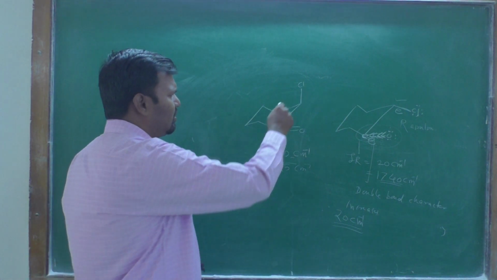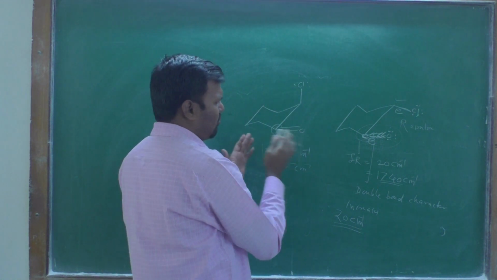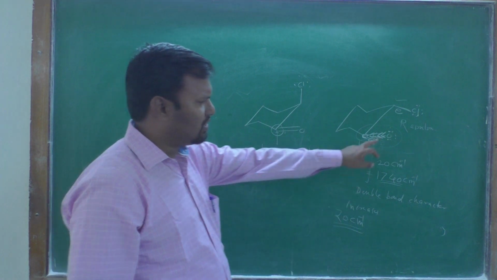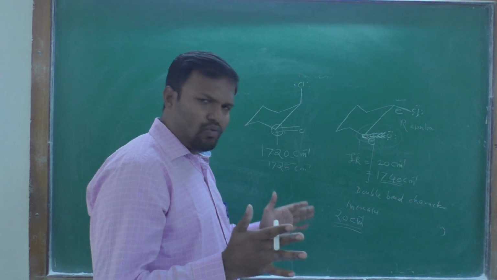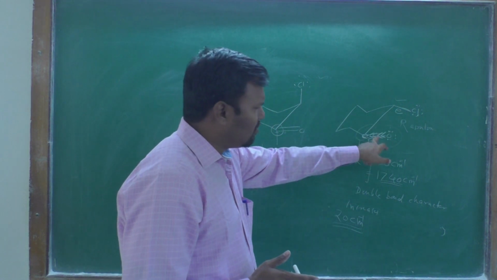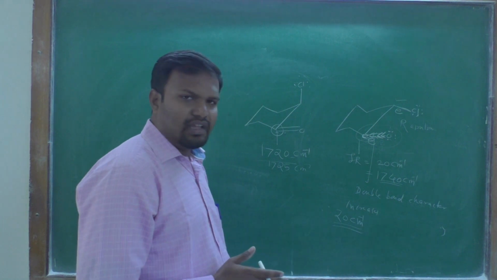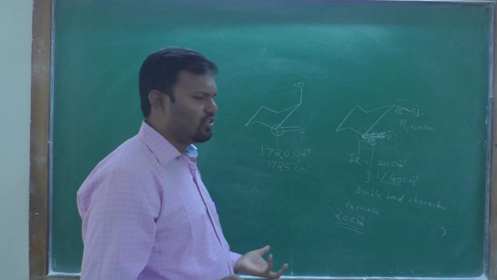In this molecule the chlorine is away from this oxygen, therefore such compression is not possible. But in this case repulsion is there, therefore the carbon and oxygen compress to avoid this repulsion. Due to this the carbonyl double bond character increases, and the carbonyl increases its stretching frequency, more energy required.